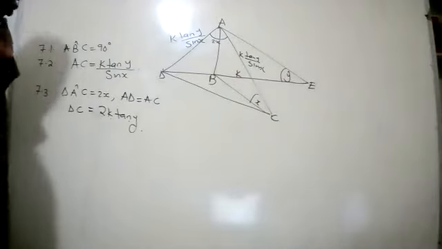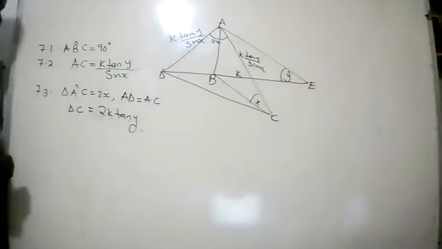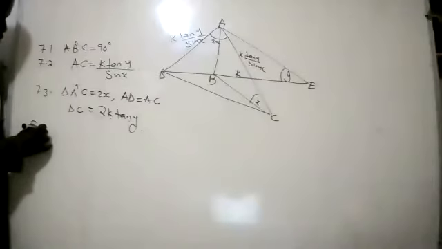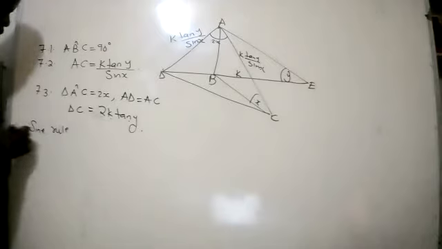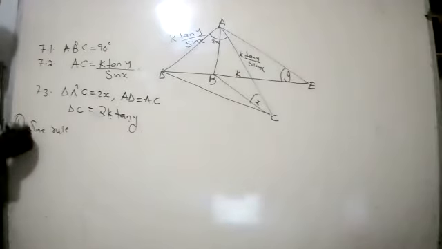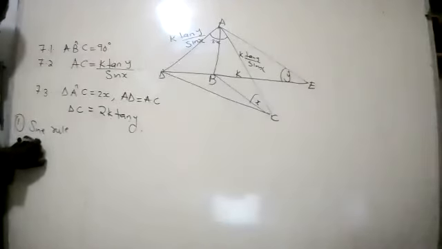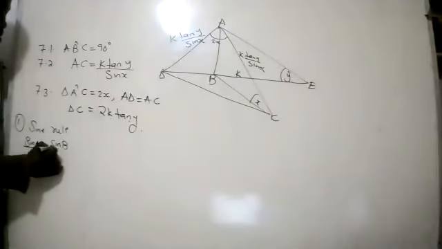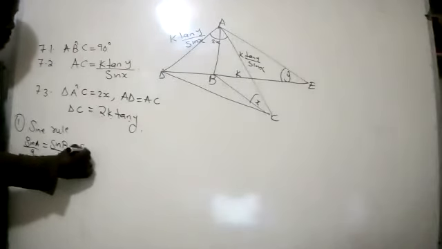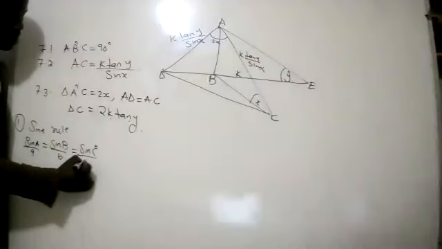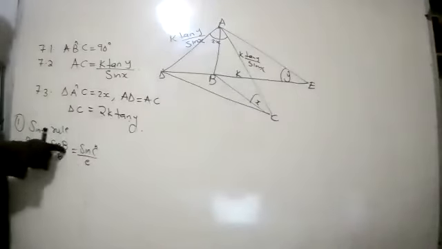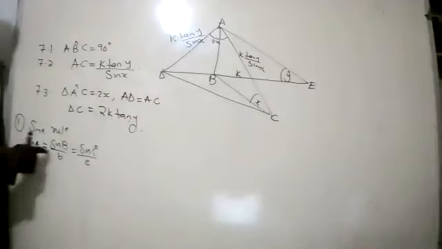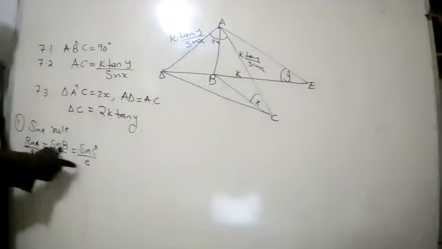I believe I've introduced those rules to you at the previous time, but I would like to remind you, because that is what we are going to use in order to answer this question. We can start with the sine rule. We must have sine A divided by a equal to sine B divided by b, and then sine C divided by c, where capital A, B, C are the angles and small a, b, c are the sides.